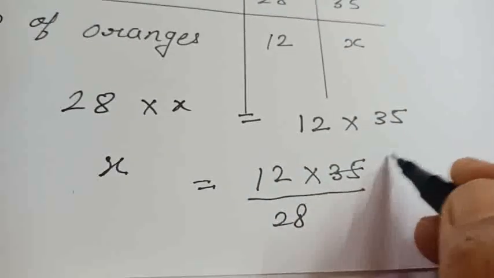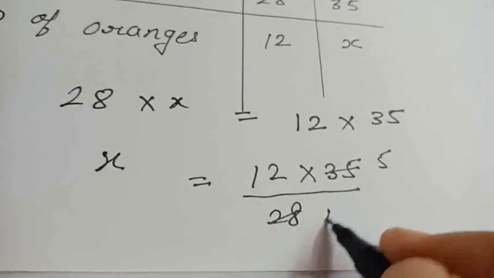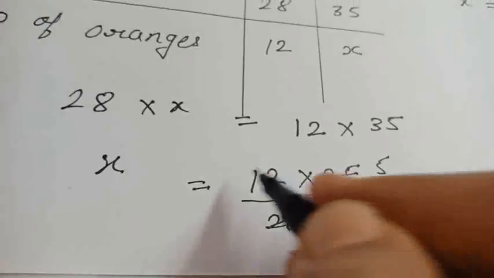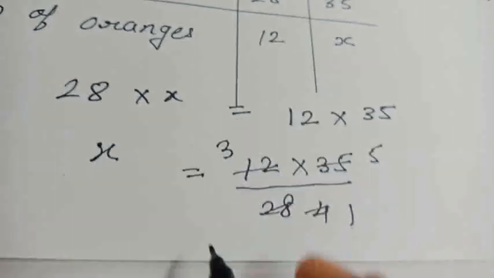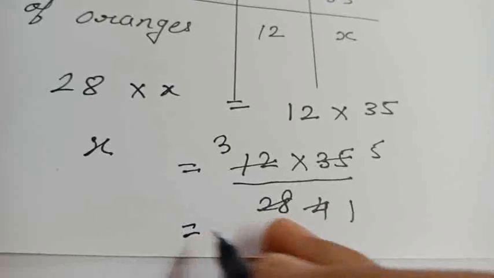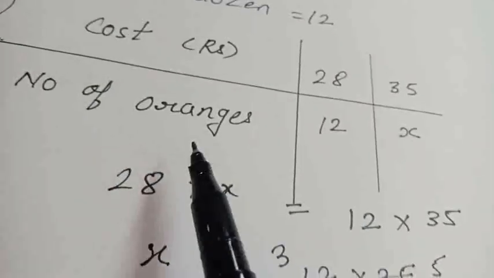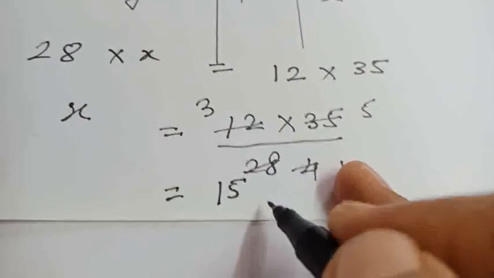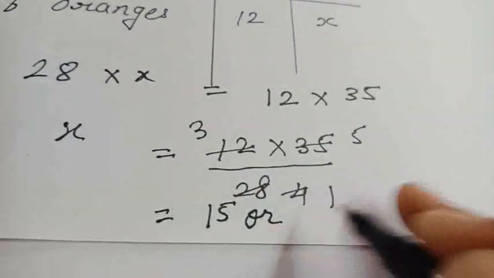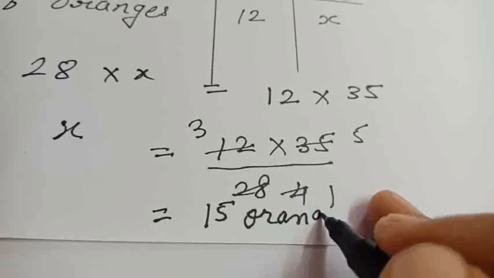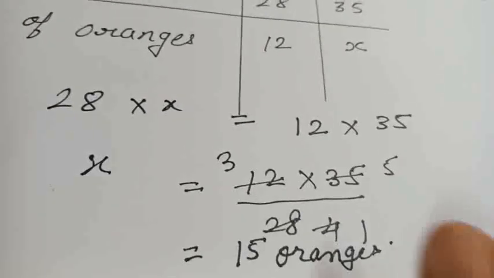By 7 5s are 35, 7 4s are 28, and now by 4 1s are 4, 4 3s are 12. So the answer is 15. And what is this 15? Number of oranges. So always write the unit, that is 15 oranges.